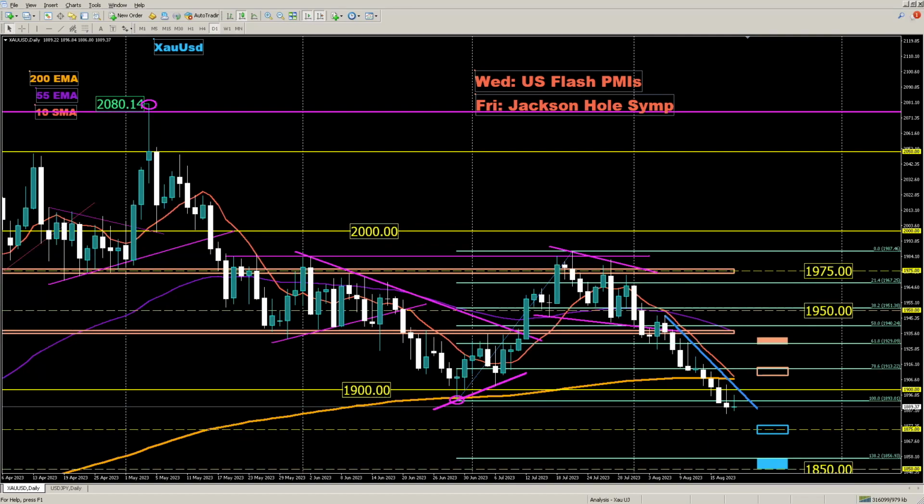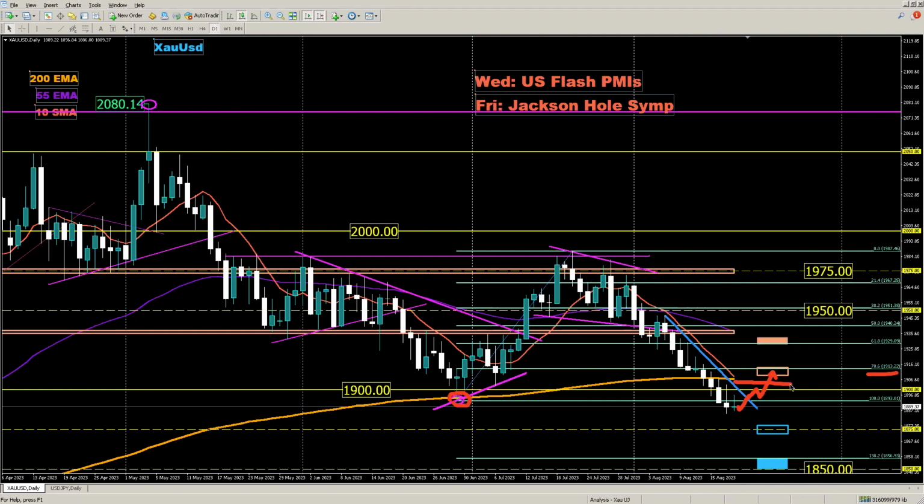Okay. So we really need to find some support and break out of this trend line and back above the swing low through the 1900 and back up to 1913.